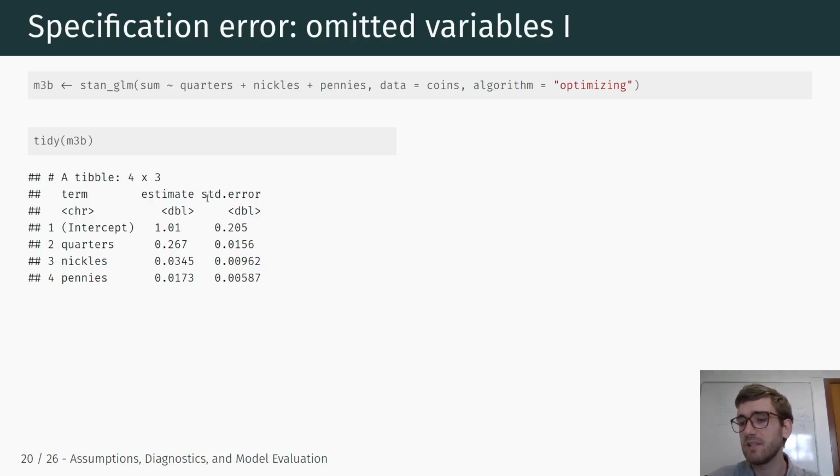Okay, the only thing that changes, of course, is the intercept, which makes sense, right? Because the intercept now is still the expected sum, the expected value in our pocket, if now the number of quarters, nickels, and pennies are equal to 0, right? But that doesn't hold the number of dimes at 0.